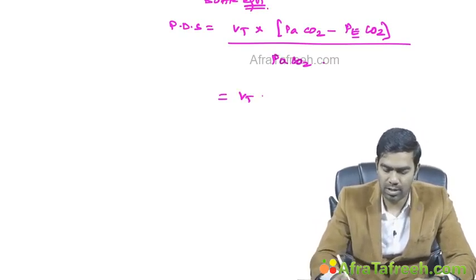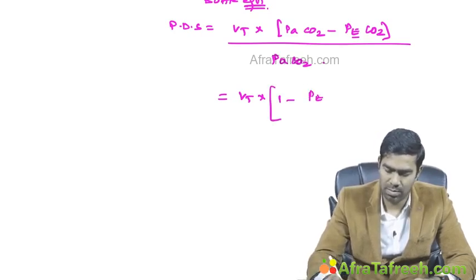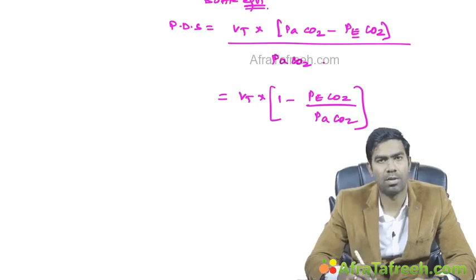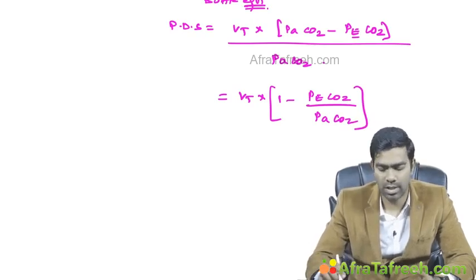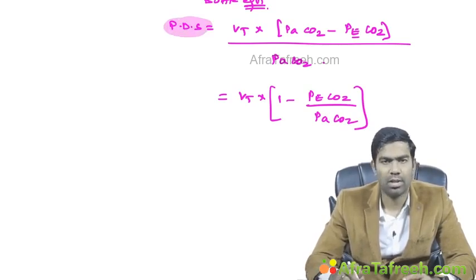Which means I can rewrite this formula as tidal volume multiplied by 1 minus partial pressure of expired carbon dioxide by partial pressure of arterial carbon dioxide. Both are correct. So this is the equation that tells you the physiological dead space.